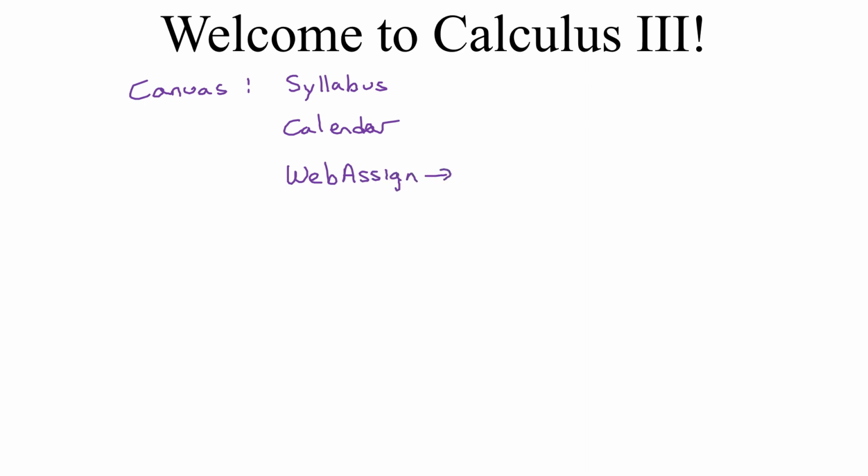This is where your homework, your tests, your quizzes, all of those types of assignments will be on WebAssign. So if you're used to this from Cal 1 or Cal 2 at Mississippi State, this will flow straight into it. You probably won't even have to buy a new access code or anything. It should go straight in there.